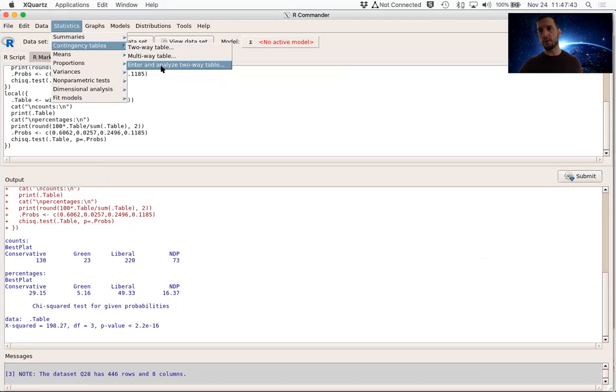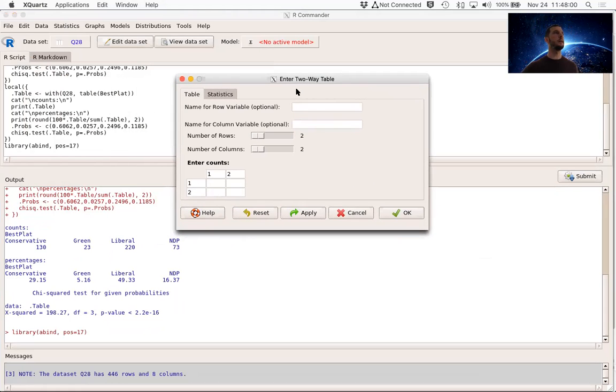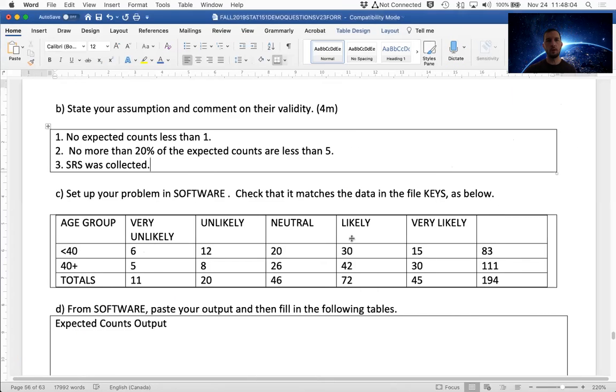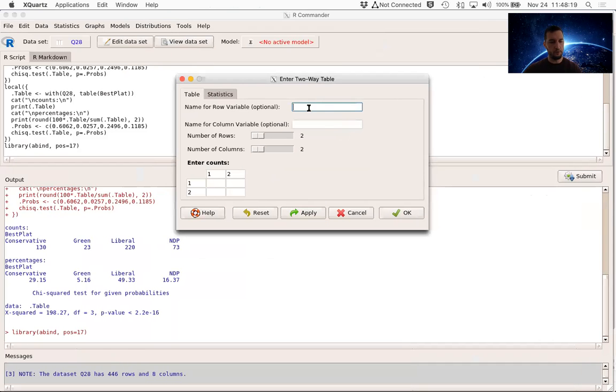And this is similar to question 4 on assignment A. Okay, so in this particular illustration, you can see that we have 2 age groups, less than 40 and 40 plus. And then we have 5 categories for whether or not they will purchase the device. Very unlikely, unlikely, neutral, likely, and very likely. So we have 2 rows and we have 5 columns.